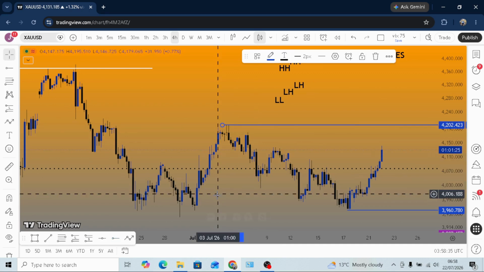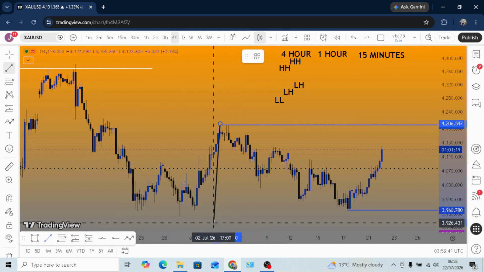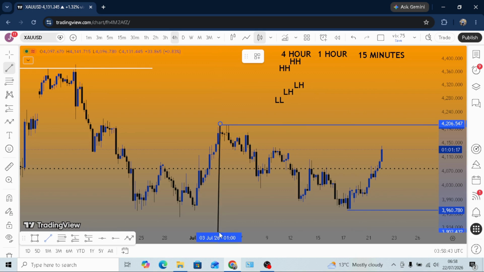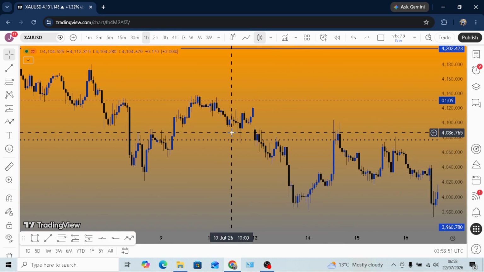I just want us to focus on this specific zone. Just focus on that particular zone. I don't want us to go much further. I just want you to see what I'm saying in a much clearer picture.